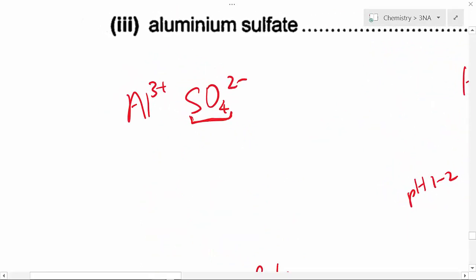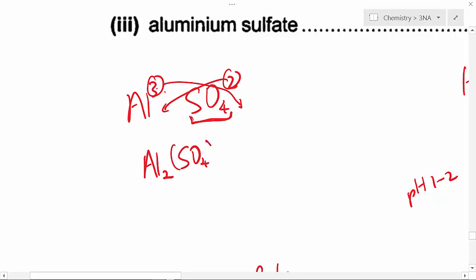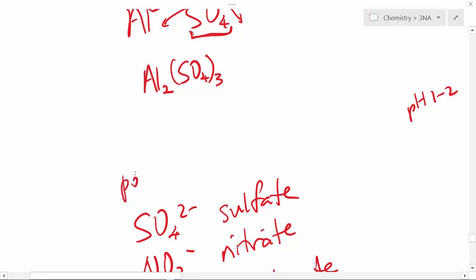To balance this formula, 2 minus and 3 plus, you remove the charge. The 3 will move to the back and the 2 will move to the aluminium, right? So it's Al2. SO4 is a polyatomic, so you put a bracket before you put a number behind. Okay, so these are polyatomic ions. You always bracket them before you put a number behind.